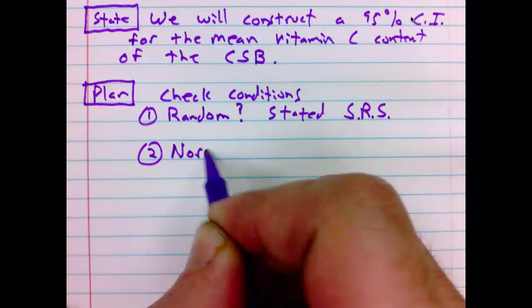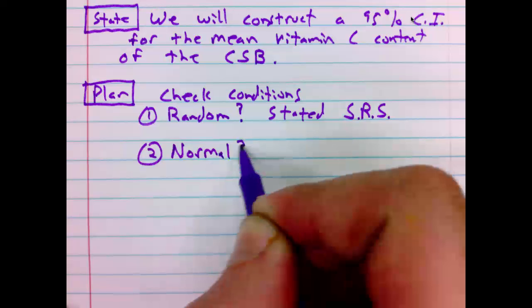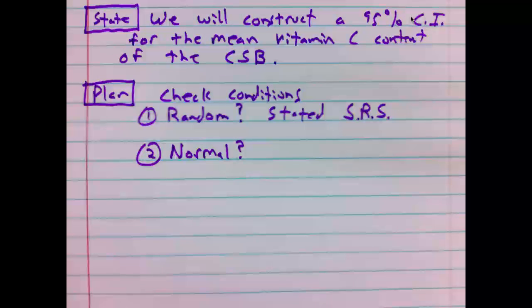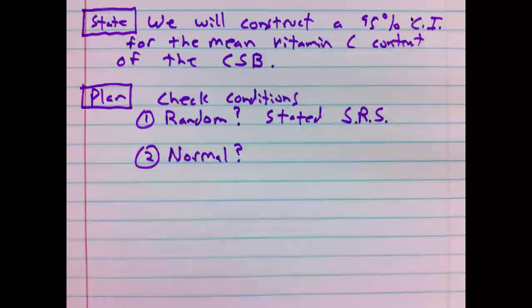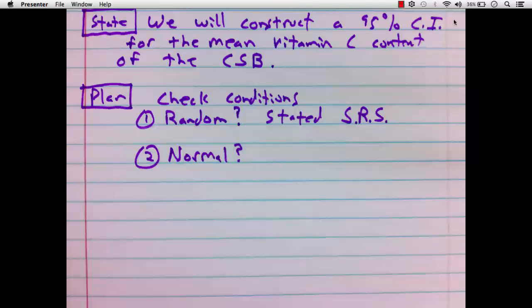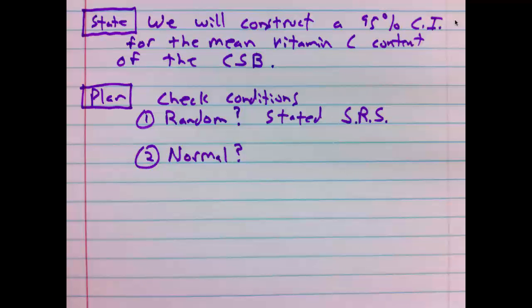Okay. When we're assessing normality, one of 3 things will transpire. 1, it will say the population is normal. Not the case here. 2, if our sample size is large, let's say 25 or greater, we will employ the central limit theorem. This is a small sample.